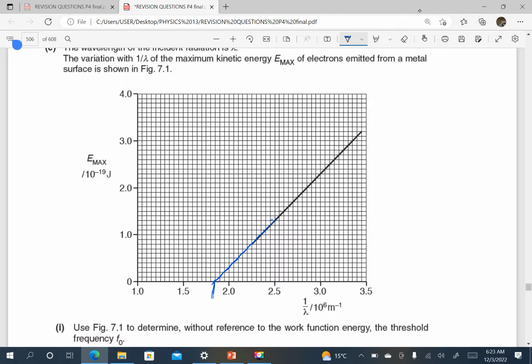I think the scale on the x-axis is 0.05, so this point must be 1.85 times 10 power 6. That's 1 over lambda naught. We shall call it 1 over lambda naught.